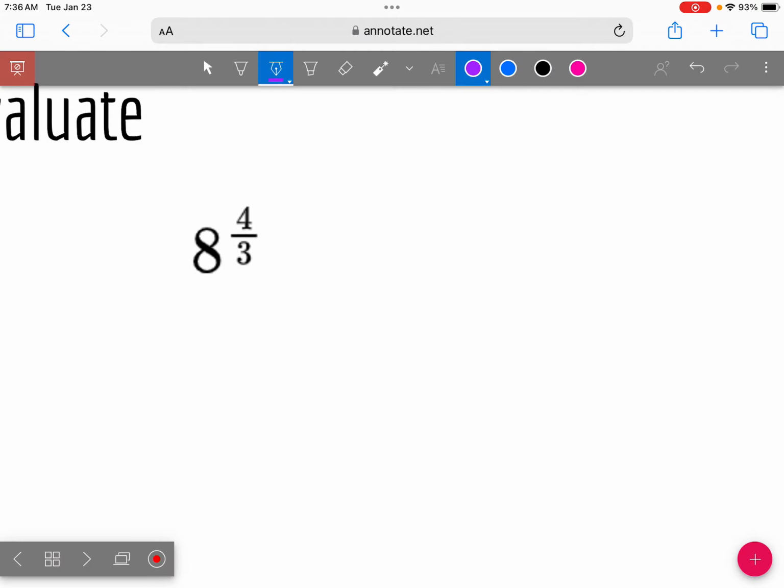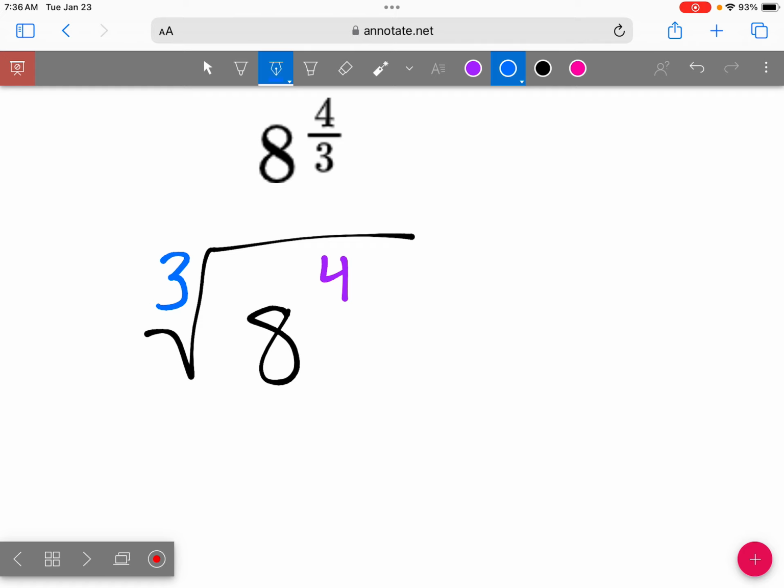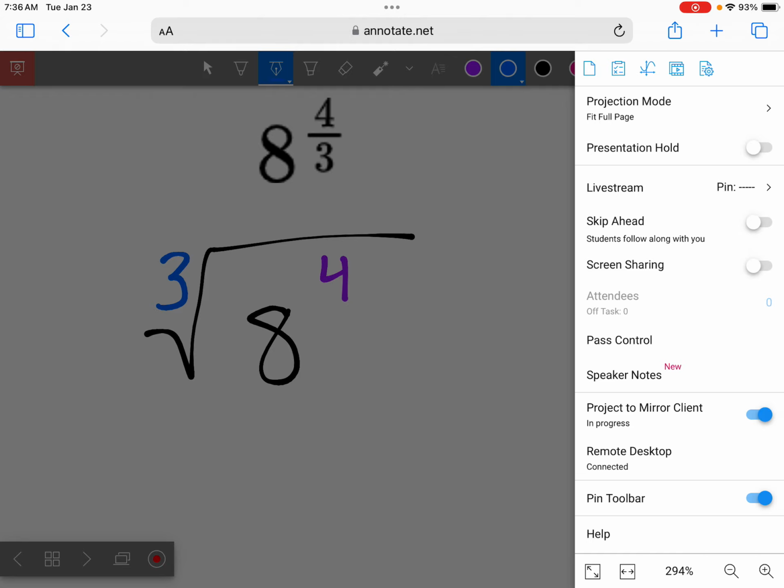So we can write this as 8 to what power? 4. And our radical has what index? 3. So we can do it like this, and we can evaluate it like this. We can find out what 8 to the 4th is.